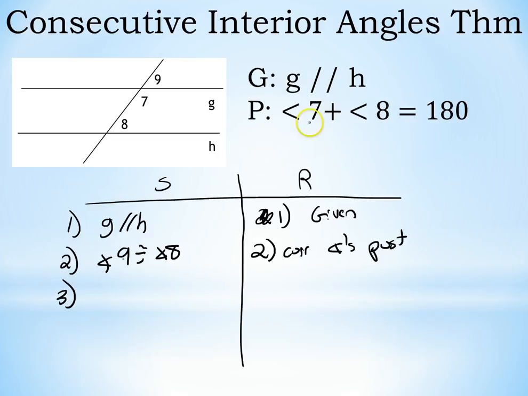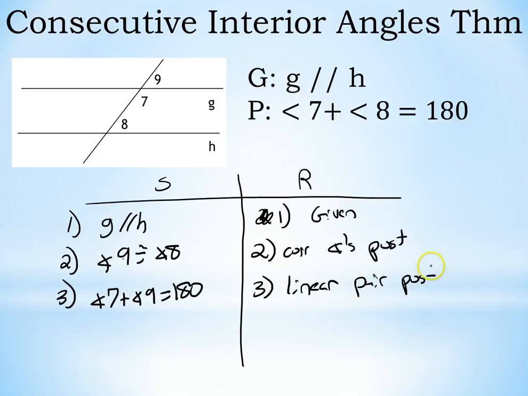I want to instead find a supplementary pair, because that's what I want to prove. Well, I know 7 and 9 are a linear pair, so I can say angle 7 plus angle 9 equals 180. This is my linear pair postulate. And since 9 and 8 are the same, I can replace angle 9 in this equation with angle 8. That's our substitution.